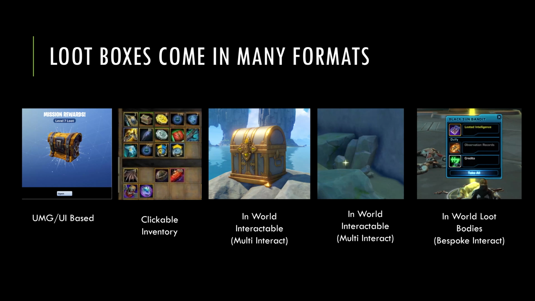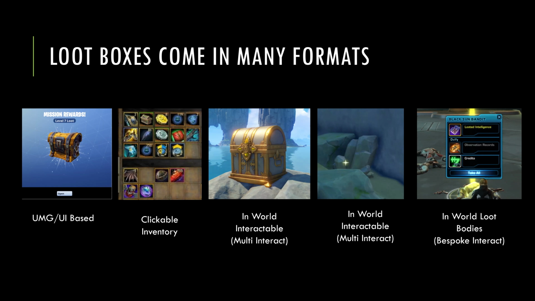You then open the reward, you get whatever was inside of it, and you move on. The second one is the clickable inventory model. This is heavily used in Guild Wars 2, where when you achieve an objective, you're given loot boxes in your inventory, which you then later open to receive the items inside the loot boxes.